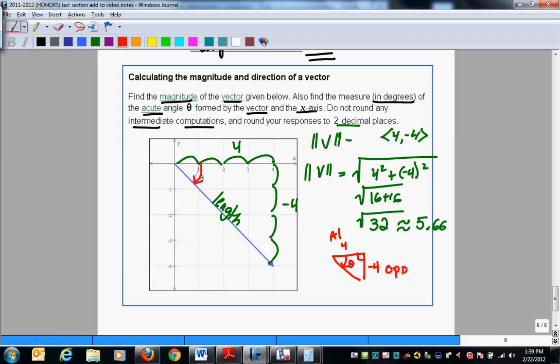This is going to be our adjacent. So we're going to use inverse tangent, because that's TOA. Inverse tangent, opposite over adjacent, equals theta. So it's going to be inverse tan, negative 4 over positive 4 will give us theta.